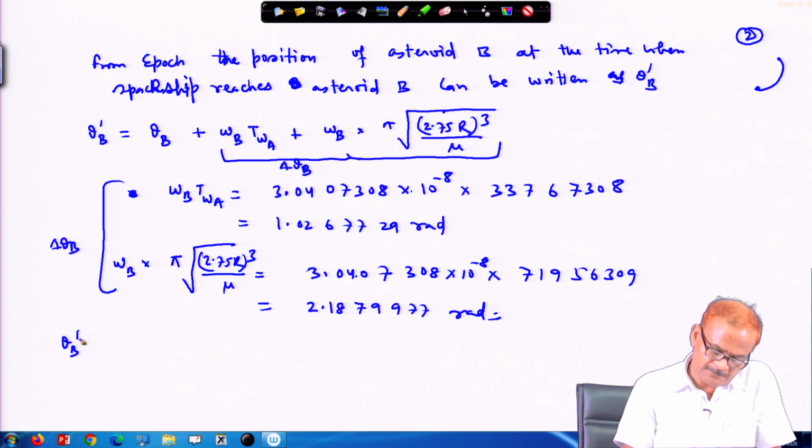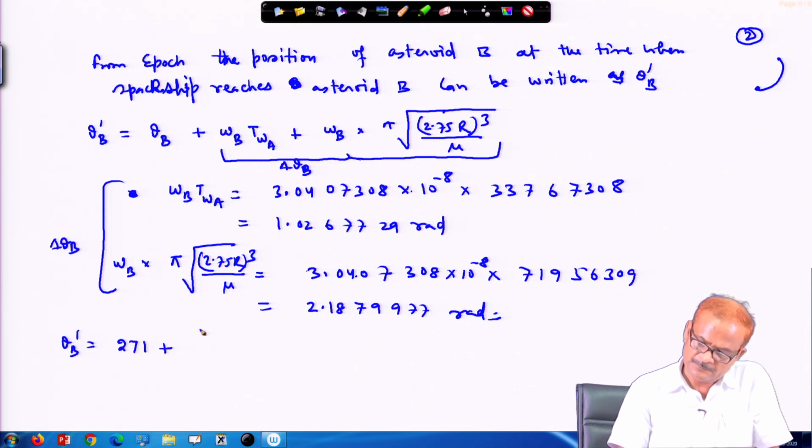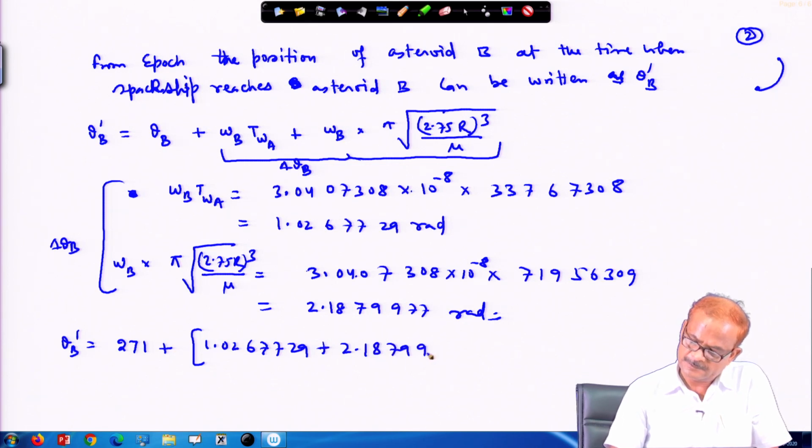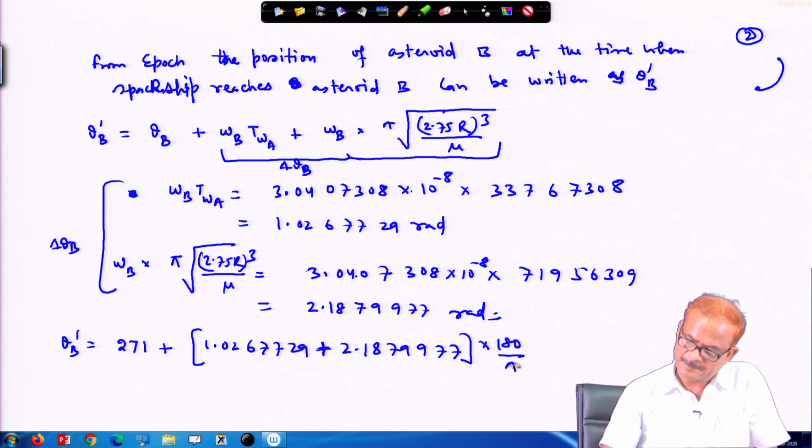So, theta B prime then gets to the value, this is 271 plus 1.0267729 plus 2.1879977 times 180 divided by pi.